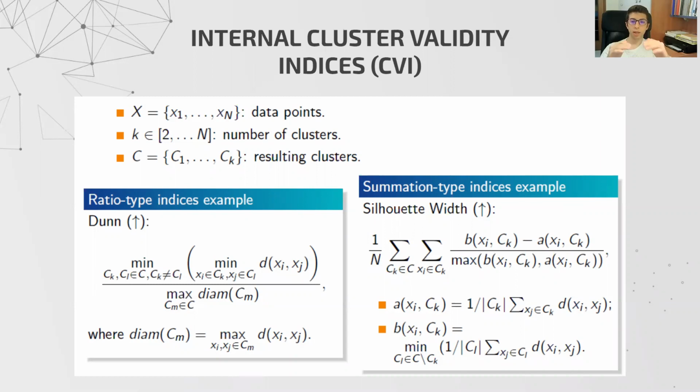The numerator estimates separation by the distance of the two closest points belonging to different clusters, while the denominator is the maximum distance between all the points inside one single cluster, that is Cm among all the clusters C. So this is the ratio between the diameter, and so the intra-cluster, and the inter-cluster, that is the numerator.